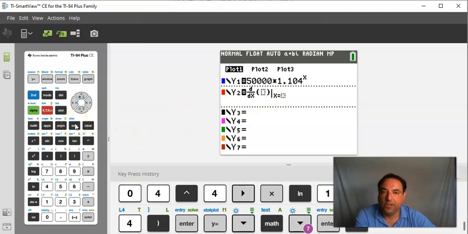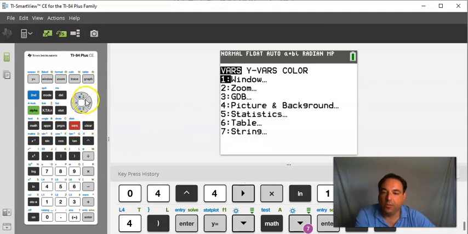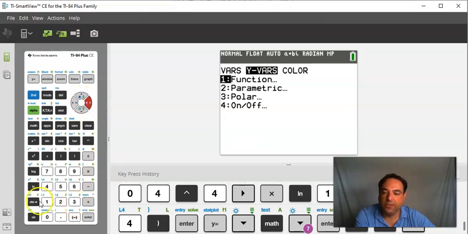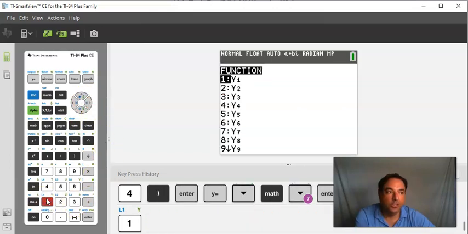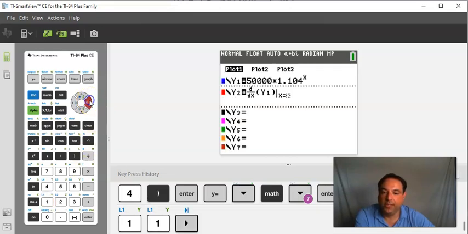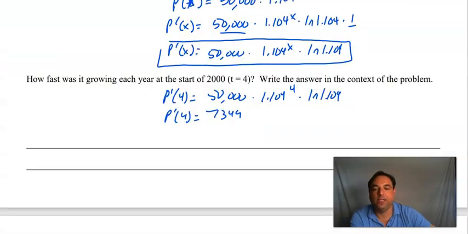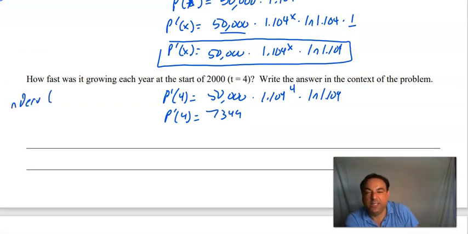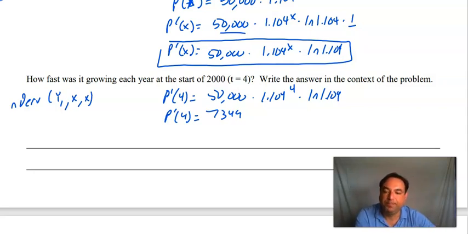So we hit vars, to the right for Y-vars, number 1 for function, choose y1 by pressing 1, press to the right, x. If you have the other form of the calculator, it may ask you for nDeriv and then parentheses. You would put y1, just like we did, vars to the right for Y-vars, function 1, y1, comma, above the 7, x. Same thing, just a different way to type it in.